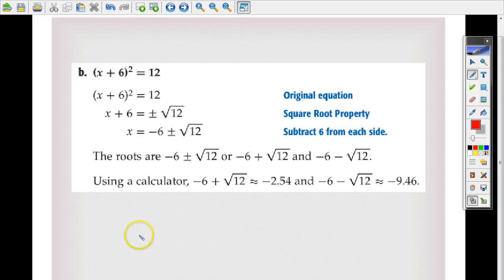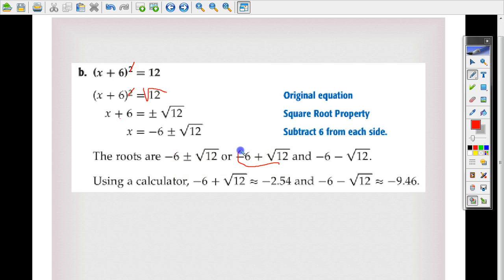All right, example B. Let's try another one. So if you want to get rid of the square, you're going to square root the 12. Okay. So x plus 6 is plus or minus square root of 12. Now you have x equals, you're subtracting 6 on each side, so you have x equals negative 6 plus or minus square root of 12. All right, the roots are negative 6 plus or minus square root of 12, which you have two possibilities, plus or negative.